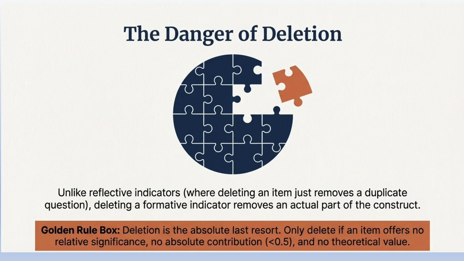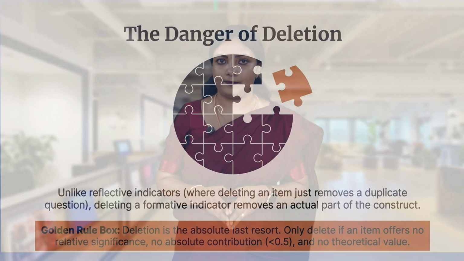In that case, I have to check the outer loadings, because loadings will tell me one on one how much is the contribution. If the loading is above 0.5, then I should retain that indicator, because that means at least 50% correlation is there.